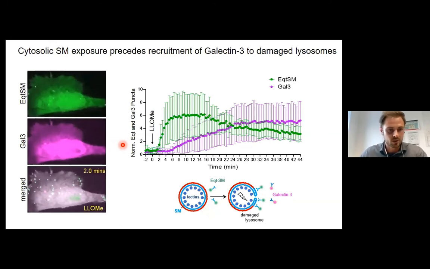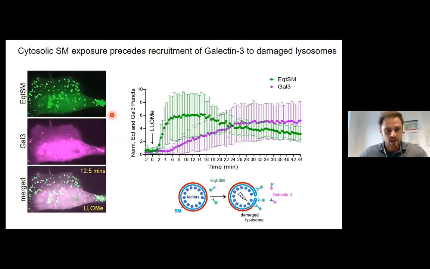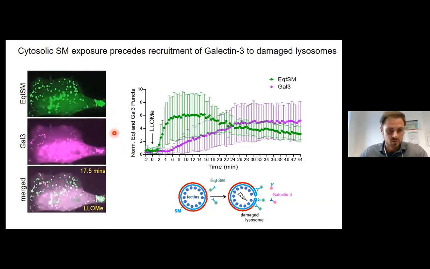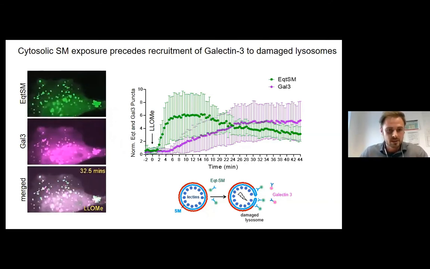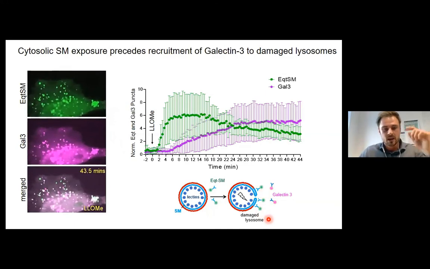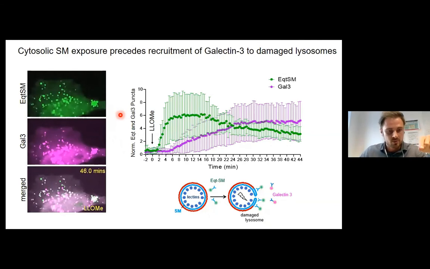What we found was that cytosolic sphingomyelin exposure precedes the recruitment of galectin to damaged lysosomes by many minutes. This also serves as a good control for us to say with rather high confidence that it's actually the sphingomyelin leaking out of the damaged organelles and not the equinotoxin probe going inside, because the equinotoxin probe and the galectin-3 reporter are of about similar size.